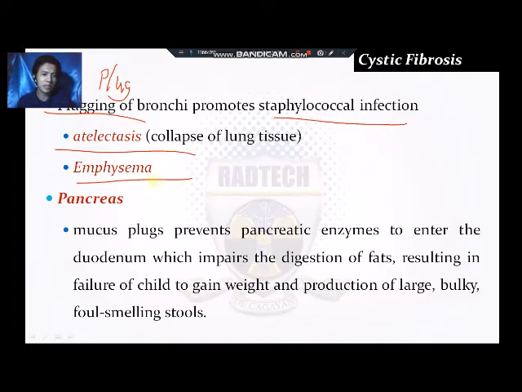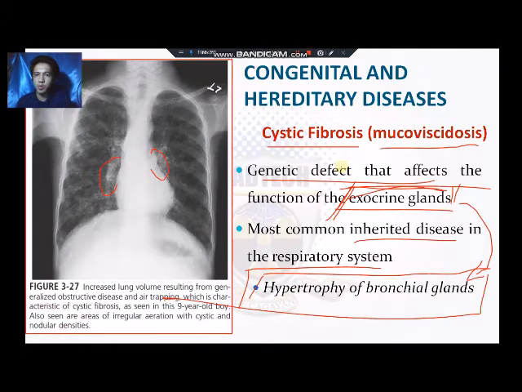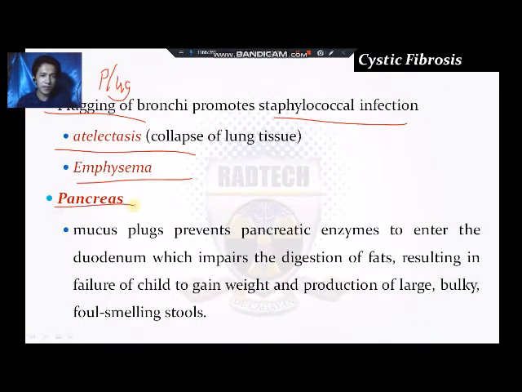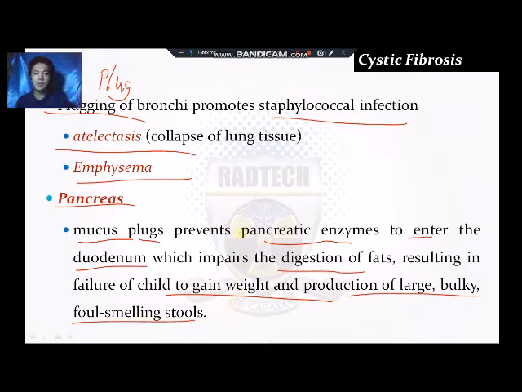In the pancreas, if maapektuhan ang pancreas, these mucus plugs prevent pancreatic enzymes from entering the duodenum, which impairs the digestion of fats, resulting in failure of the child to gain weight. Kaya ang mga fatty materials wala na-digest og ayo, and there is production of large, bulky, foul-smelling stools, ilang mga fecal materials.